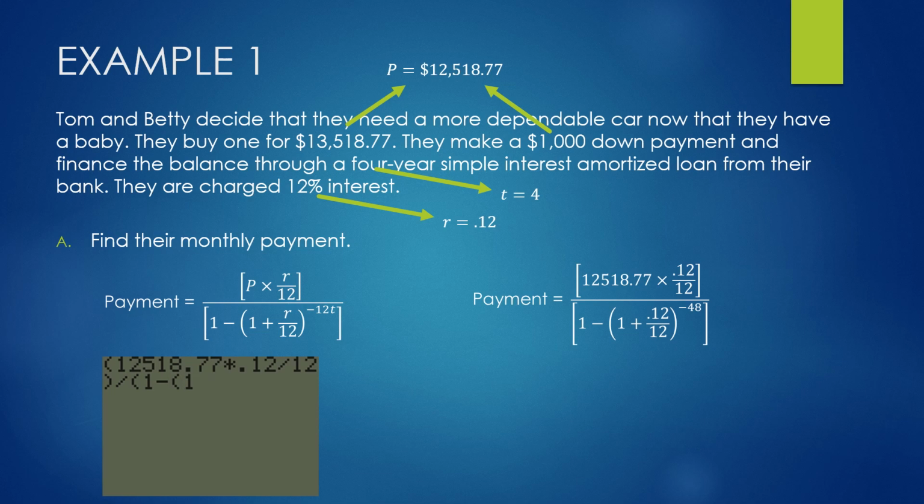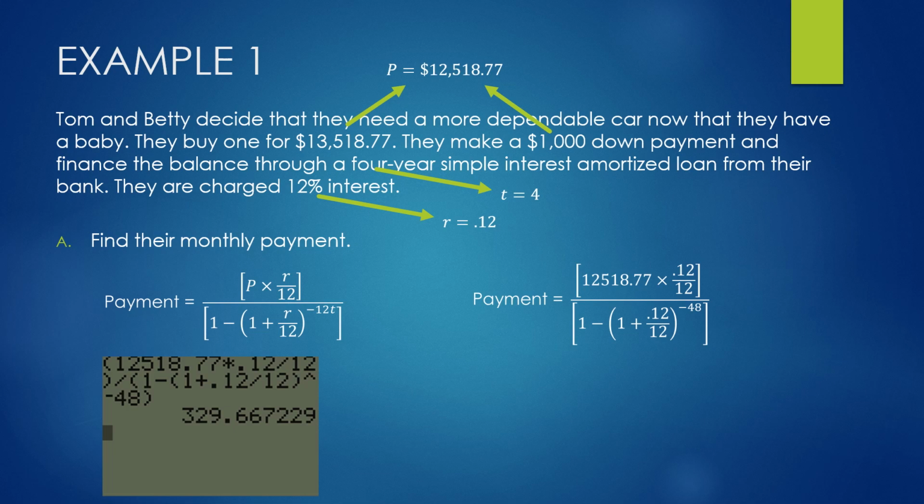Parentheses 1 plus 0.12 over 12, close parentheses, raised to the negative 48. Don't use a minus there or else it'll give you an error. Then close those parentheses. So there's Tom and Betty's monthly car payment.